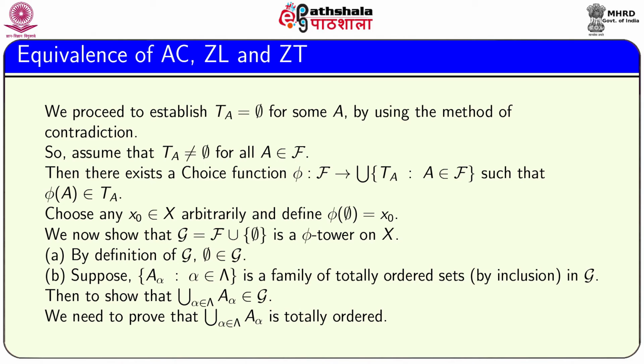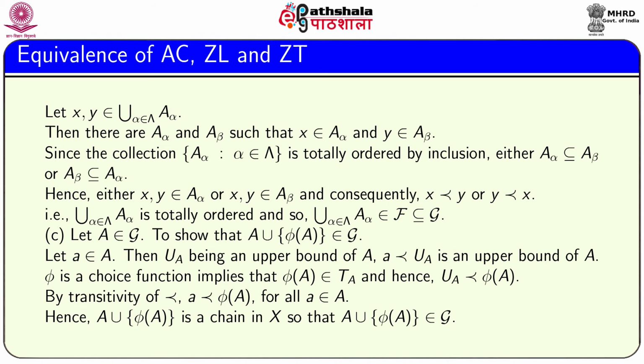Now, suppose we start with a family of totally ordered sets by inclusion in script G. Consider the family as A alpha, alpha belonging to lambda. Then to show that union A alpha belongs to script G, we need to prove that union A alpha is totally ordered.